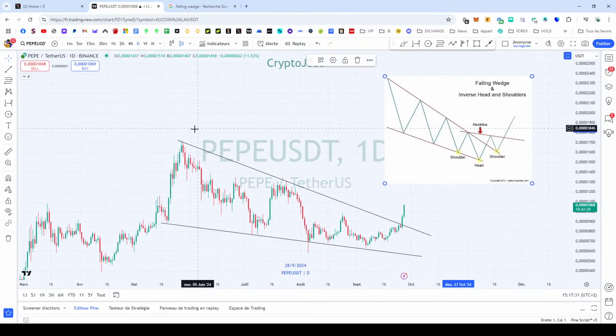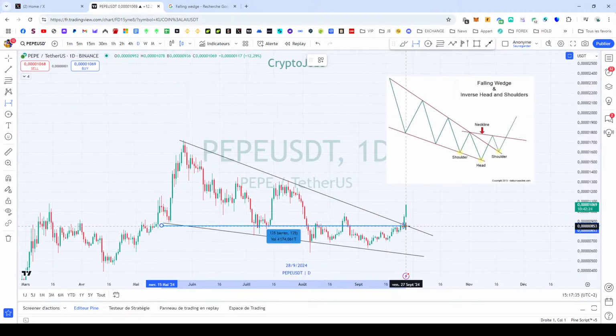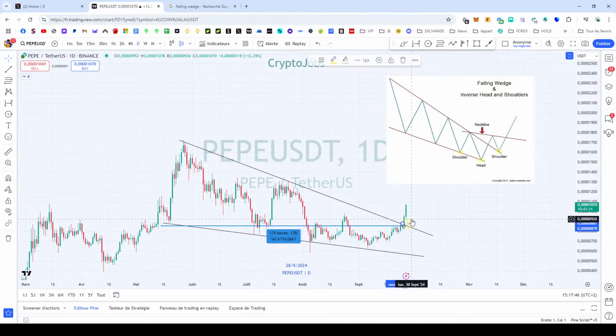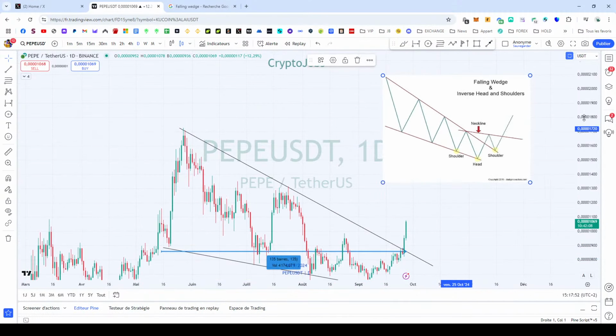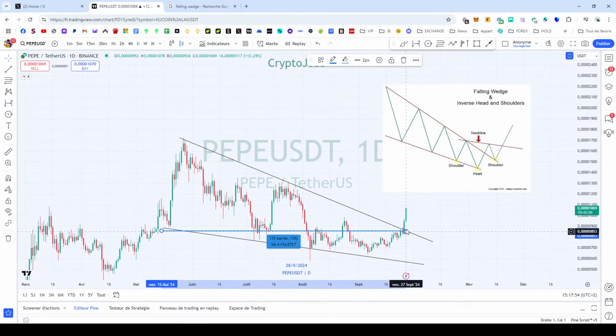The FOMO, as you can see, this is a beautiful falling wedge pattern. I didn't even notice it before because I saw there was a breakout here on Ichimoku, and with the volume I knew that something big was happening, and I think many people FOMO because of that bullish close.